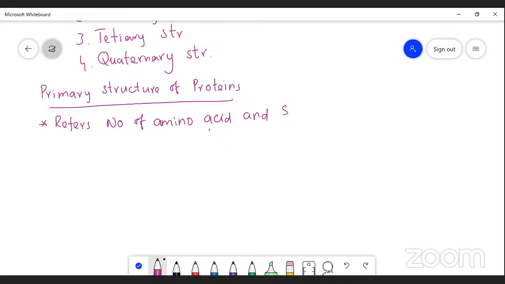So, the number of amino acids and the sequence is represented by the primary structure.